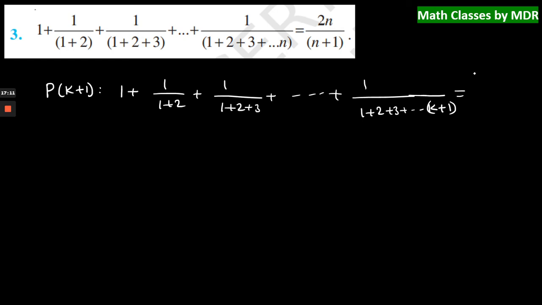On the right hand side also replace n with k plus 1, so it is k plus 1 by k plus 1 plus 1.